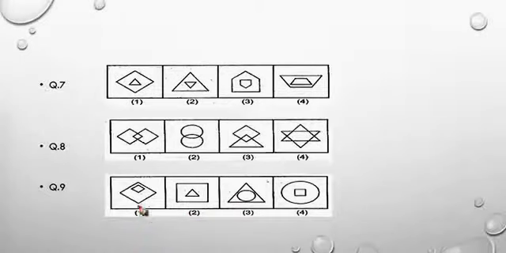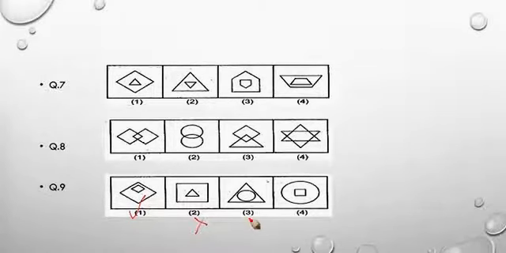In each problem figure, there's a design which is kept outside, and the design which is there inside. In the first problem figure, the design which is inside is the same as the design which is outside. Whereas in case of problem figure 2, outside is a rectangle, inside is a triangle. So these two figures are not the same.